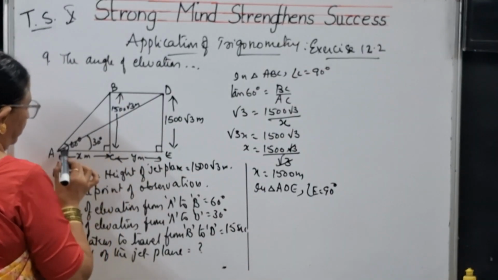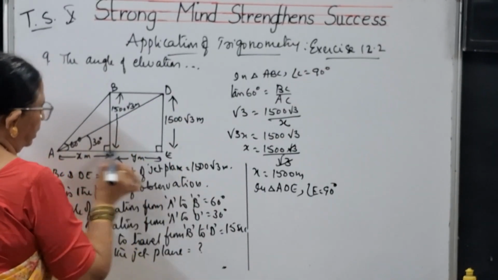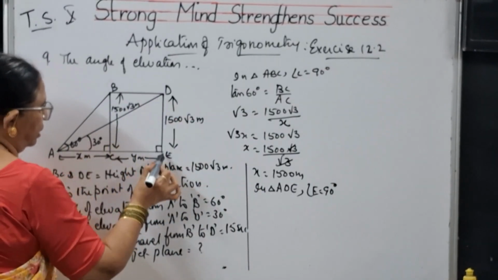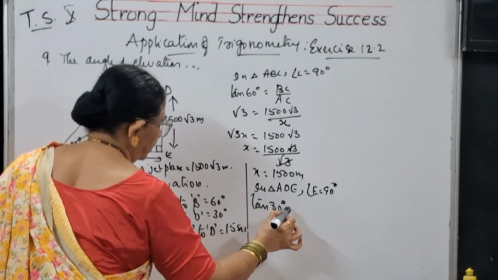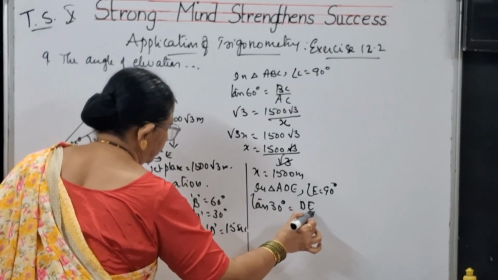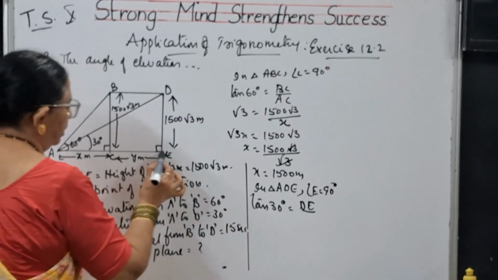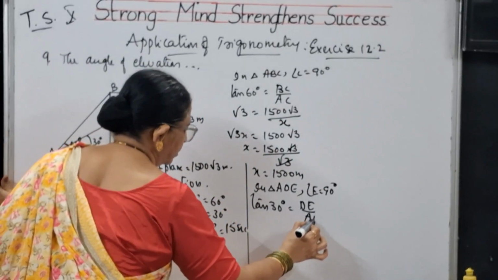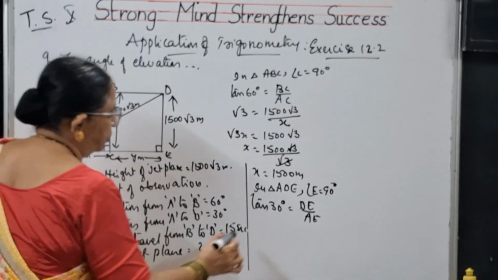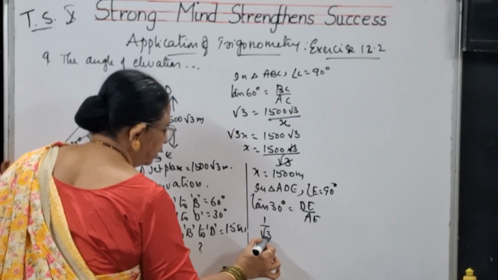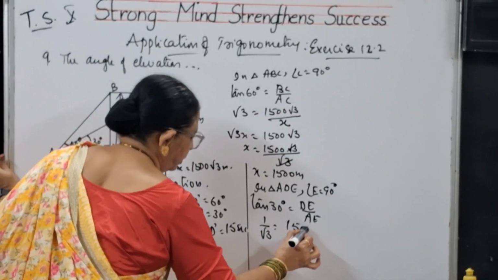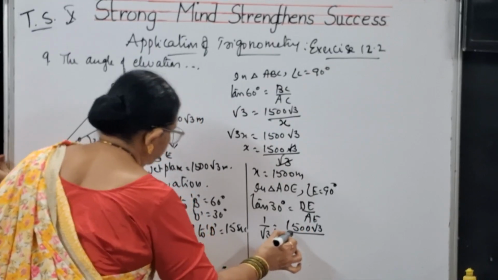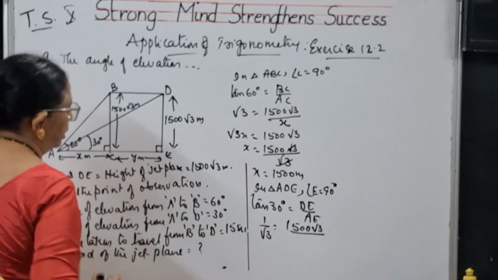So again, angle DAE is 30 degrees. tan 30 degrees is equal to DE by AE. Tan 30 means 1 by root 3 is equal to DE, 1500 root 3, by AE.